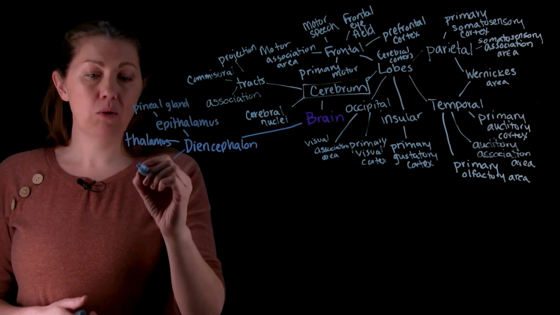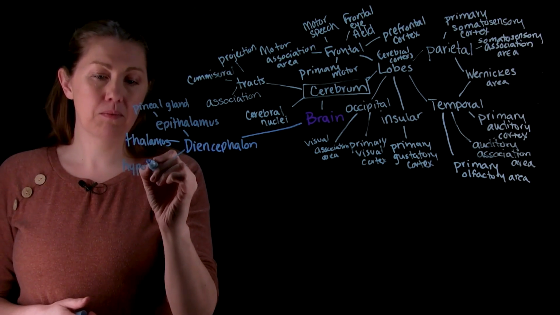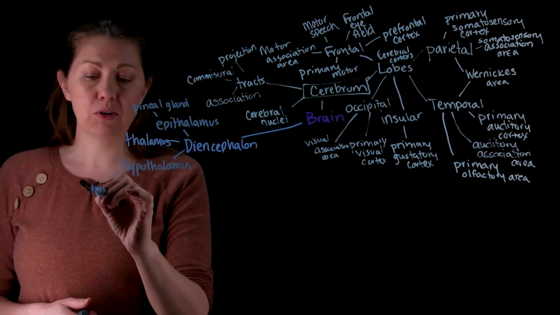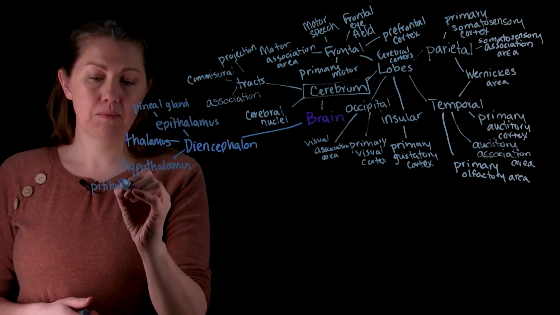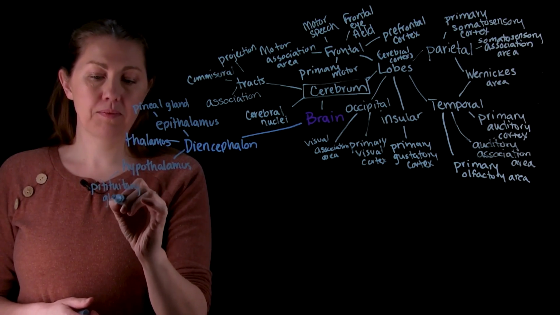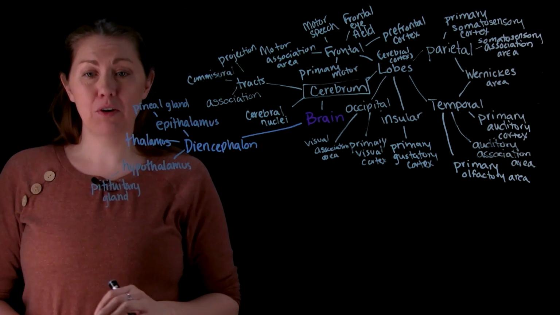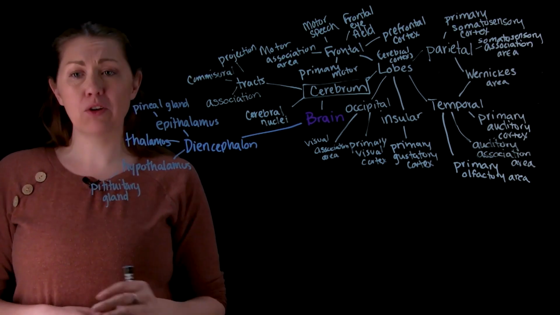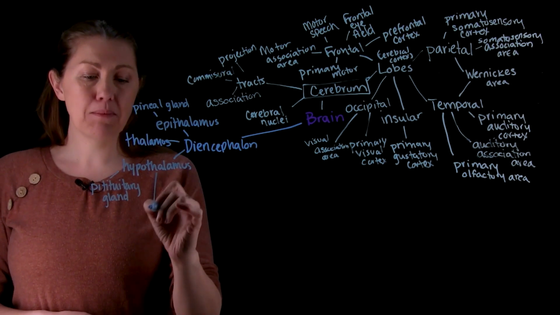Under the thalamus, you have the hypothalamus. Off the hypothalamus is the pituitary gland. I think of that one as the mother of all glands. It bosses a lot of other glands around and helps coordinate your endocrine system. And then the mammillary bodies.